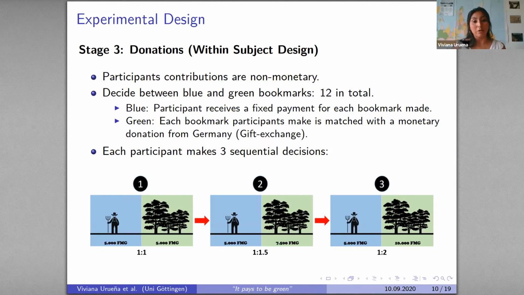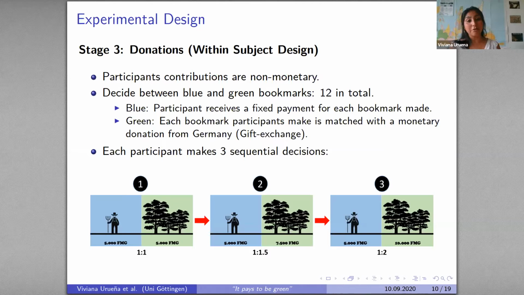What we did was make the participants confront 3 sequential decisions, in the order I'm showing here. So in the first scenario, for each blue bookmark a participant decides to make, he or she will get around €1. However, for each green bookmark the participant decides to make, the NGO has the possibility to get €1.